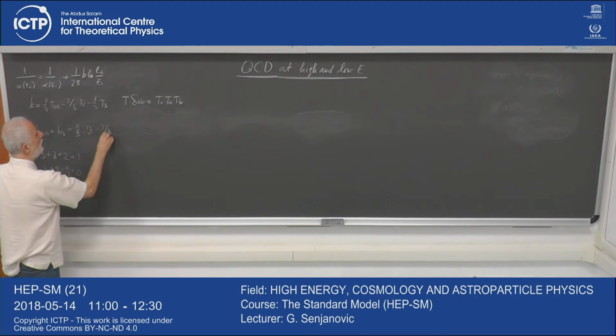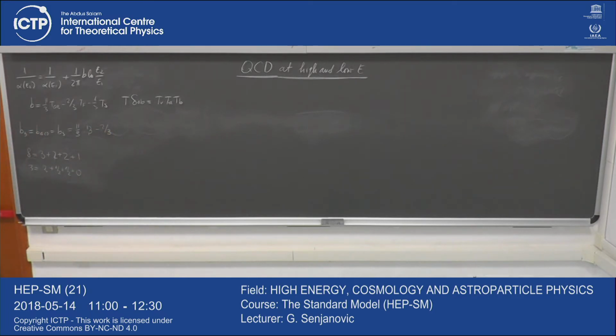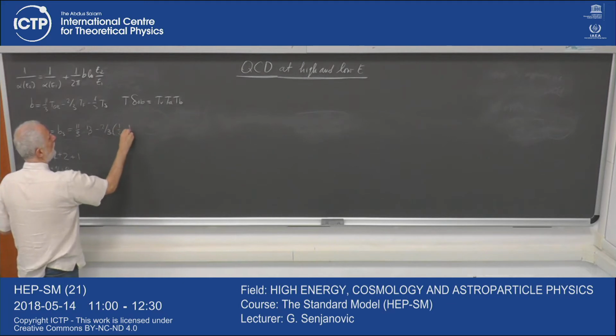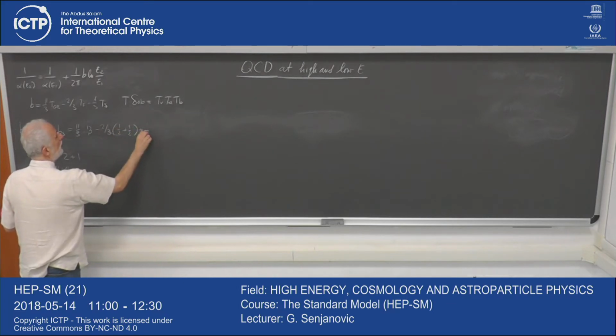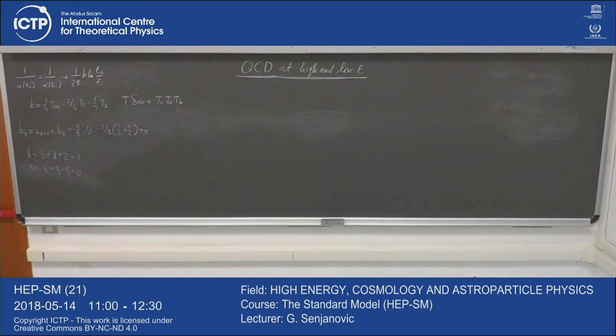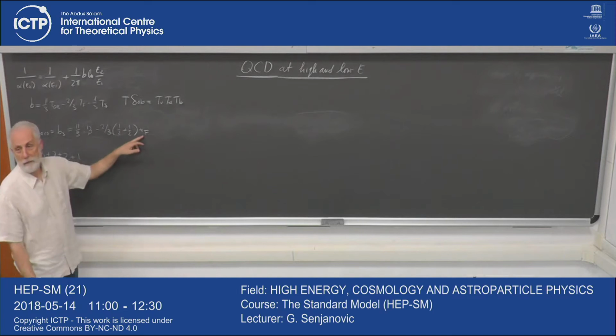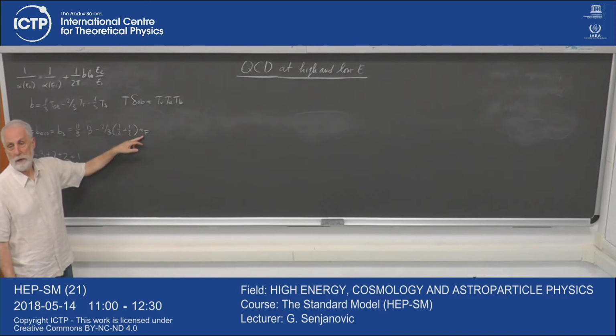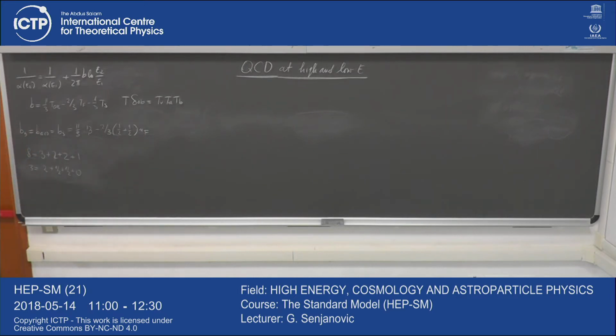The fermions are in the fundamental representation, left and right-handed quarks. So that means per each species there are 2 particles really, left-handed quark and right-handed quark. Each contributes a half. So I can write this as number of flavors, as we call them. And this is half of the number of generations, because in each generation there are 2 flavors.